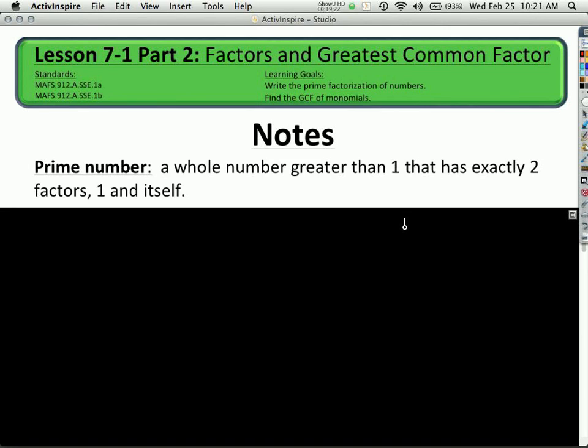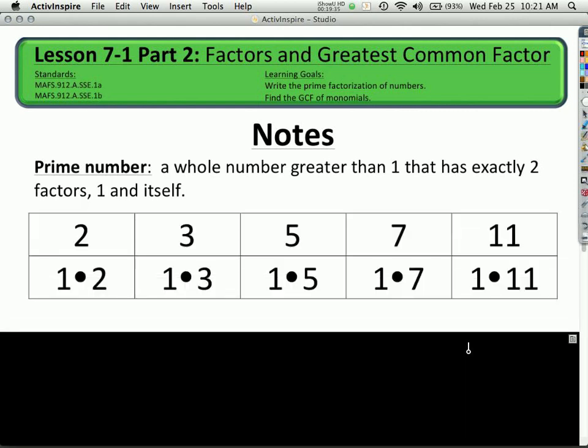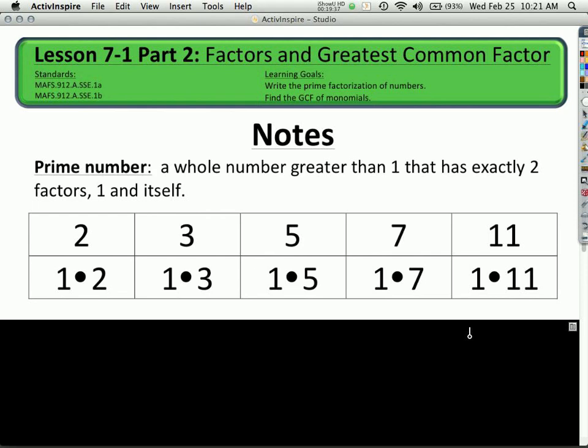First, let's remind ourselves of two terms, prime and composite. A prime number is a whole number that only has two factors, one and itself. This should not be new information for you, but I wanted to make sure we were clear, because we're going to be using the idea of prime numbers over and over and over again.